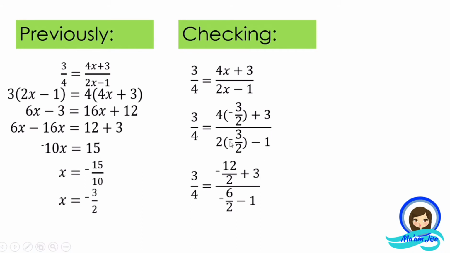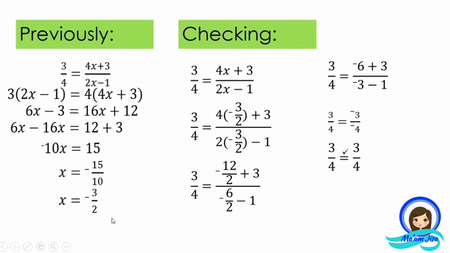And then 2 times negative 3 is negative 6 over 2, copy minus 1. Simplifying, negative 12 over 2 is negative 6. Negative 6 over 2 is negative 3. And then simplifying further, negative 6 plus 3 is negative 3, while negative 3 minus 1 is negative 4. 3/4 is equal to 3/4. Indeed, negative 3/2 is a solution in the equation.